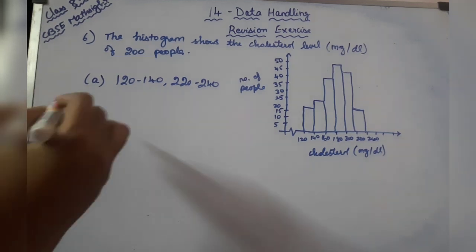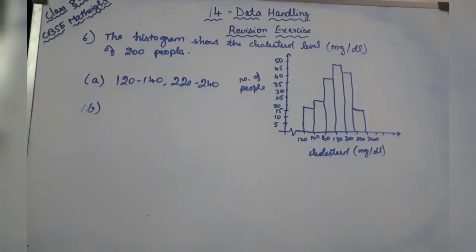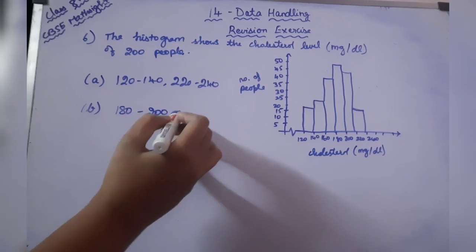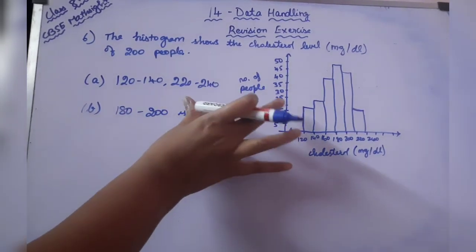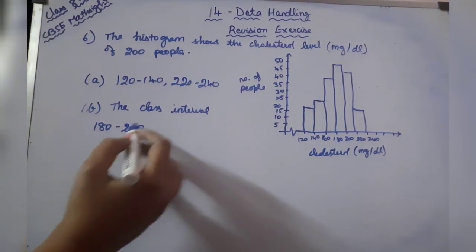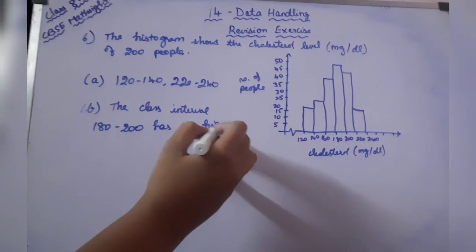So the answer for B is that 180 to 200 has the highest cholesterol level. So the class interval 180 to 200 has the high cholesterol level.